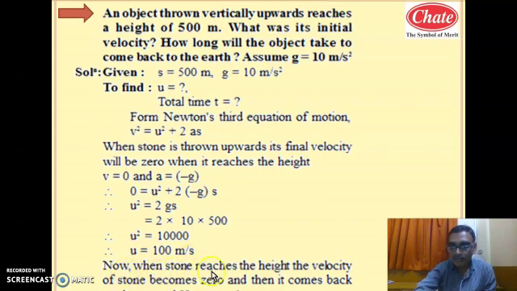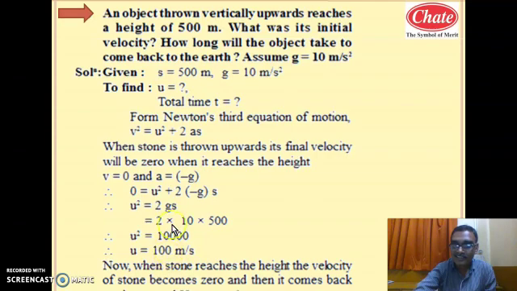Now when the stone reaches the height, the velocity of the stone becomes 0, and when it comes back on the ground, its final velocity will be the same as u, because you have studied in the chapter work and energy in class 9 that here total energy remains constant.